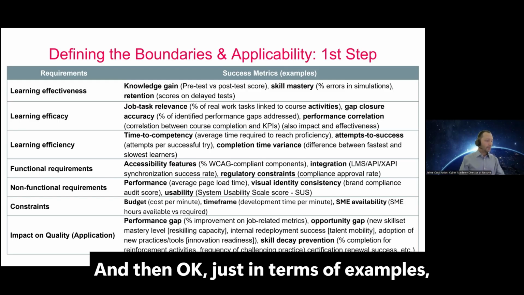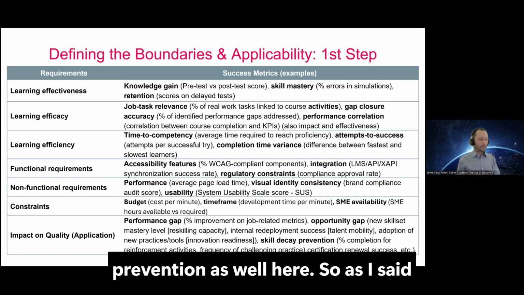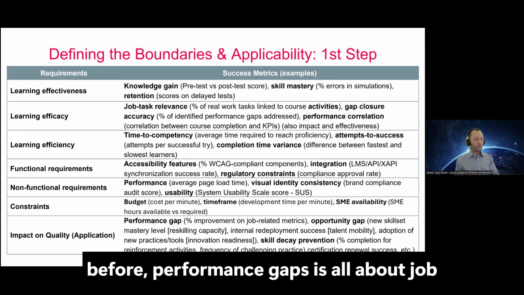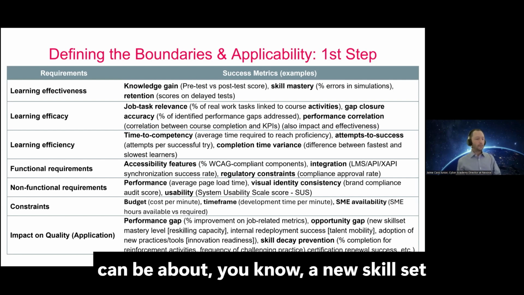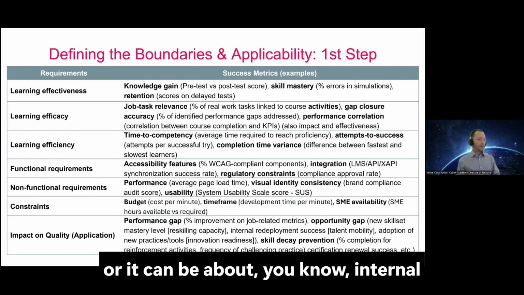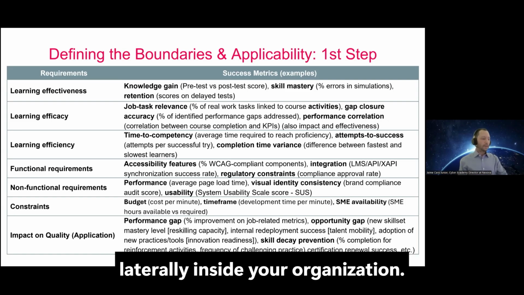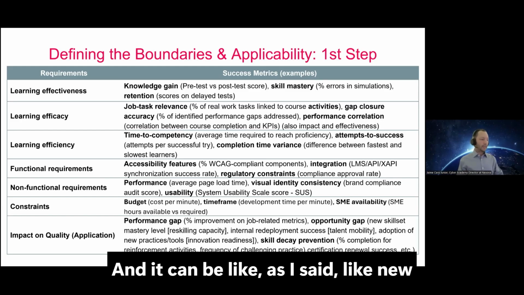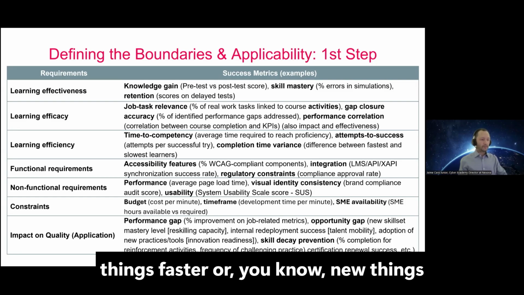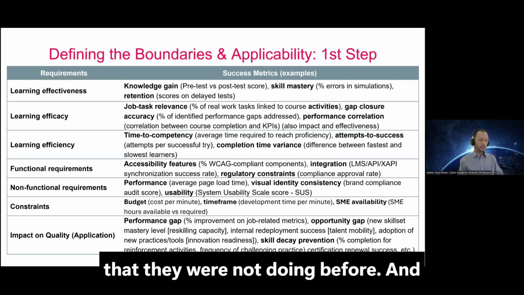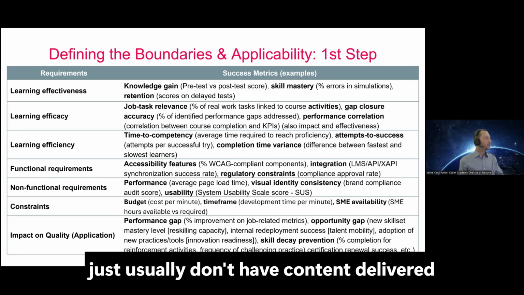And then, just in terms of examples, I included examples from opportunity gaps and skill decay prevention as well here. As I said before, performance gap is all about job-related metrics, but opportunity gap can be about a new skill set, or it can be about internal redeployments, like moving people laterally inside the organization. And it can be, as I said, new tooling that people are adopting to do things faster, or new things that they were not doing before. And skill decay prevention usually doesn't have content delivered.